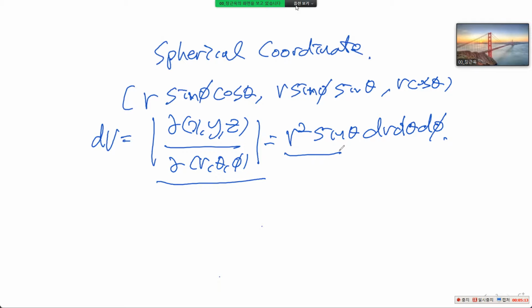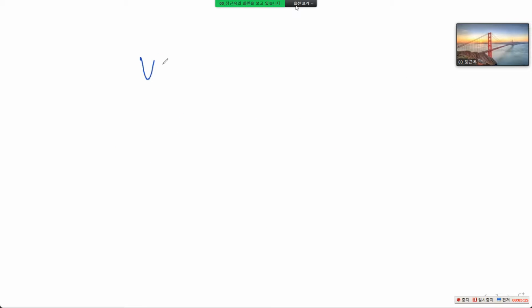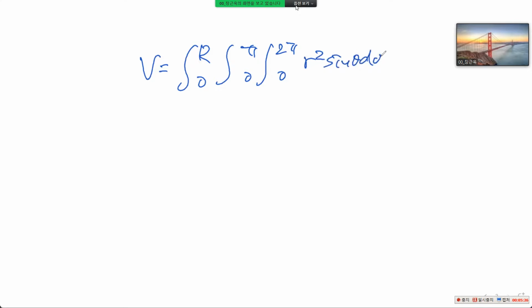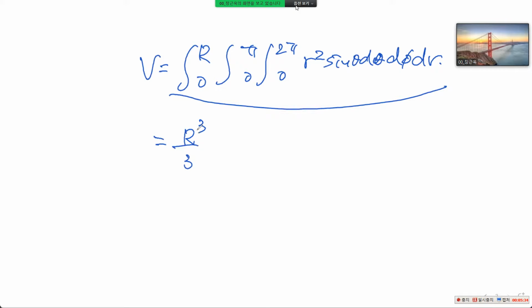Similarly, we can say that the volume is the integral of r from 0 to r, theta from 0 to pi, phi from 0 to 2 pi, of r squared sine theta d theta d phi dr. In that case, we have r cubed over 3 and 2 pi.